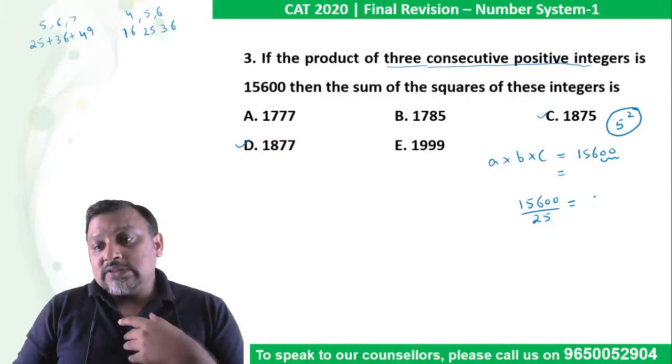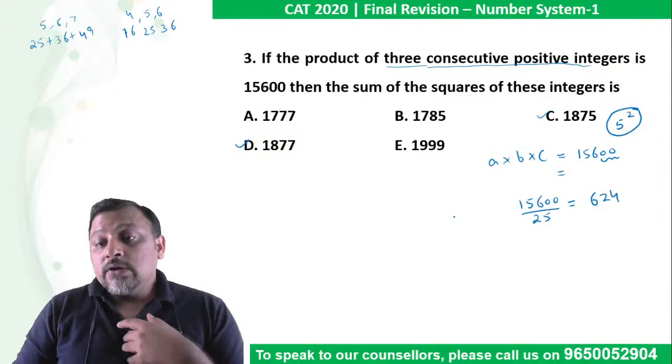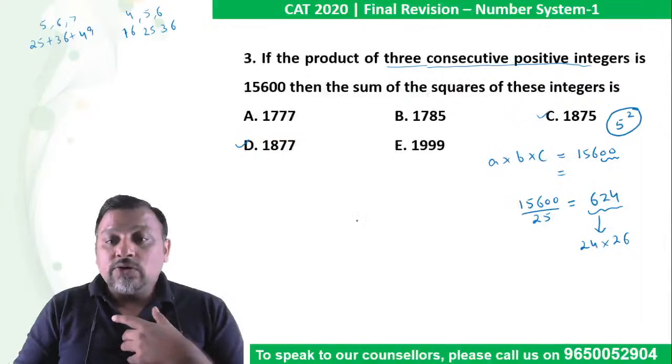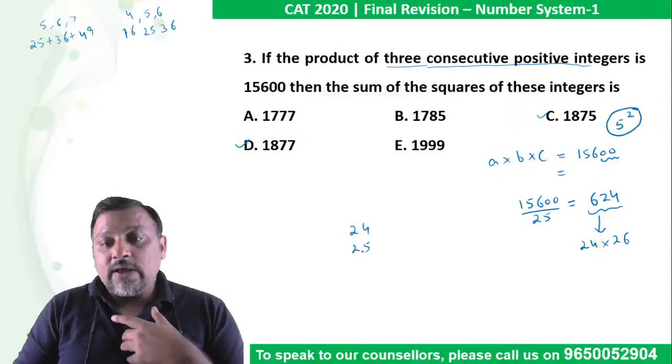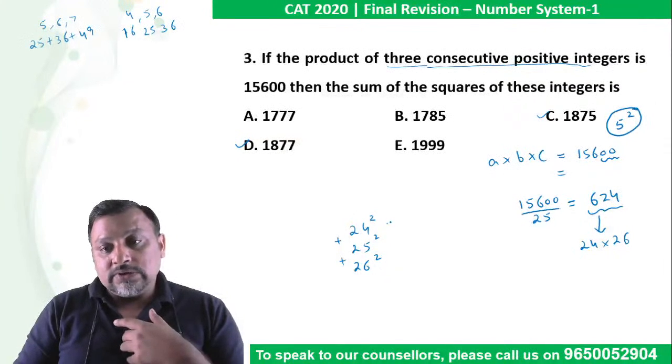If I do this division, what I get is 624. So the product of the other two is 624, and 624, if I factorize, can be written as 24 into 26. So the three numbers are 24, 25 and 26. What you need to find is the sum of the squares of the numbers.